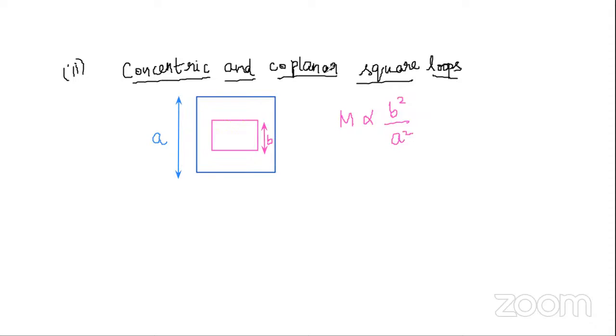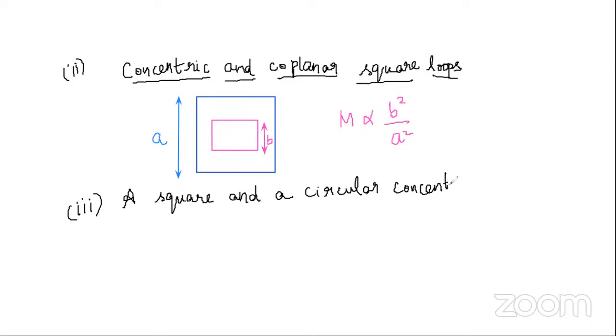And you have a third case. In the third case, you have a square and a circular concentric and coplanar loop.